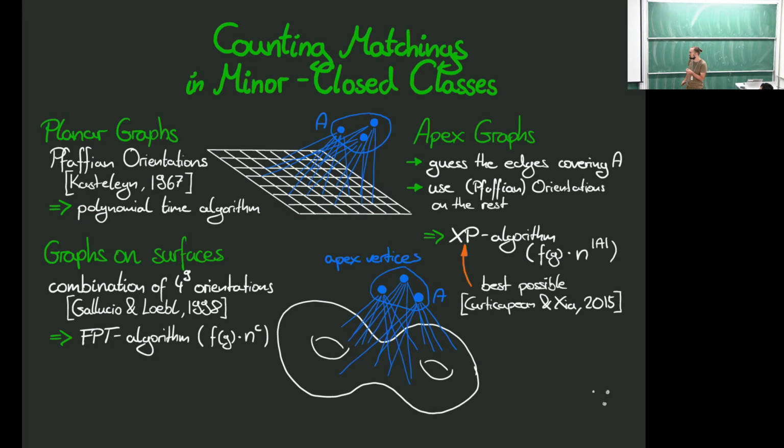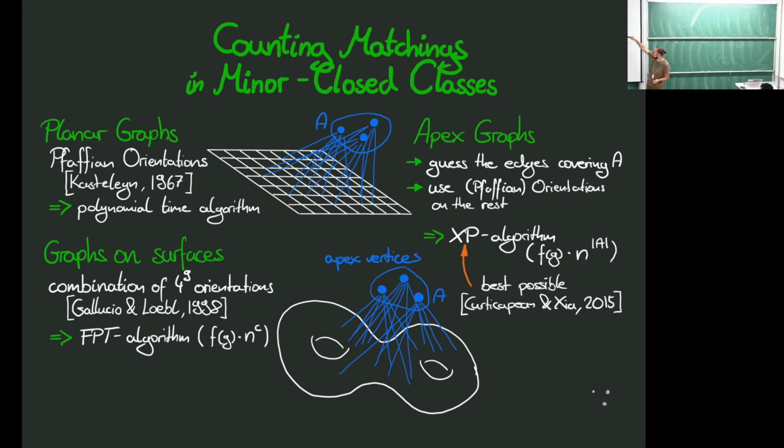And this will lead to an XP algorithm. When I say XP, I mean the degree of the polynomial suddenly also depends on some parameter, in this case on the size of A, because I need the size of A to guess all of the different ways to cover my edges in the apex set. Now you could say maybe this is a bad sign.